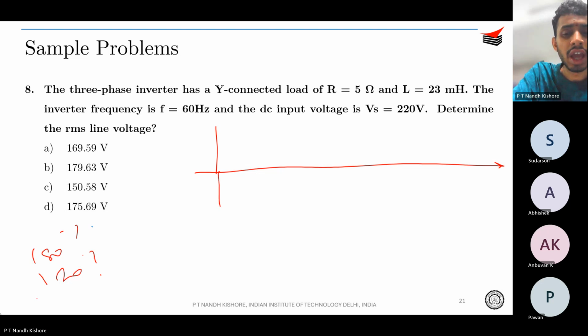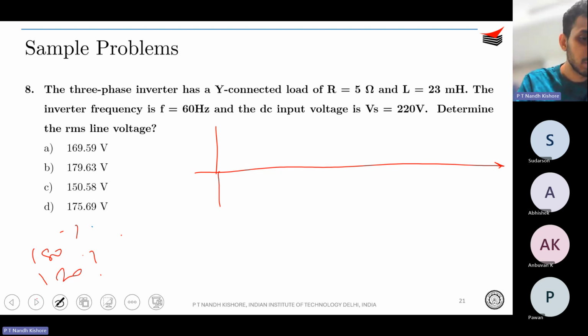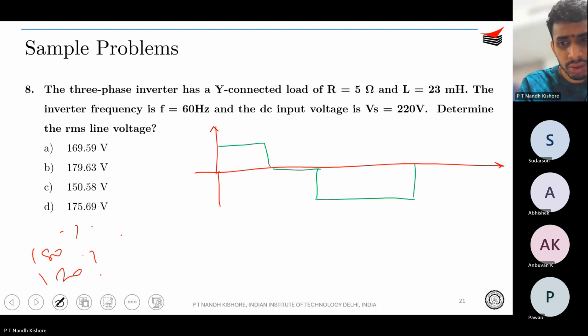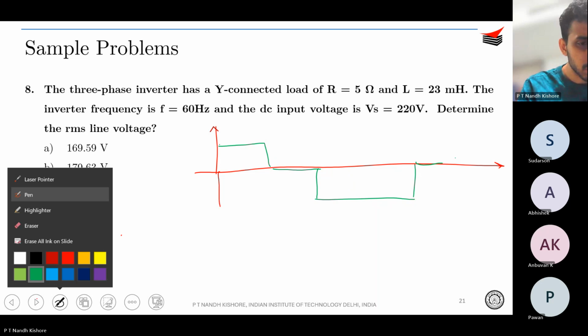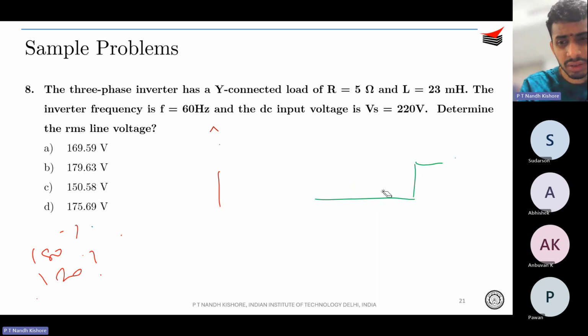Okay. Anyway, we saw that the pole voltage in the case of 120-degree conduction is something like this.